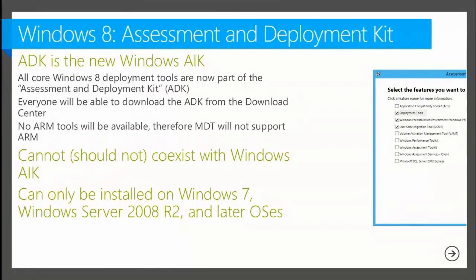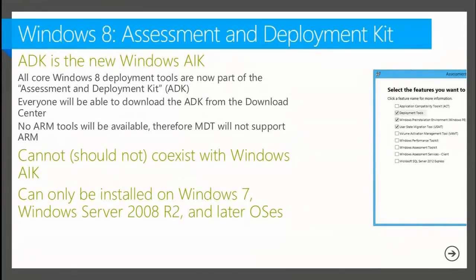We don't include any ARM tools in the ADK, so if you're thinking about creating your own custom images for Windows RT devices, it's not a possibility because we don't allow those devices to actually be re-imaged. So since they can't be re-imaged, it's kind of pointless to provide imaging tools for those, so you won't see any ARM tools in the ADK.